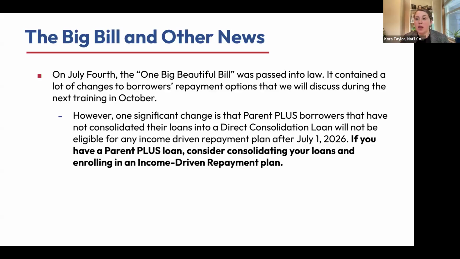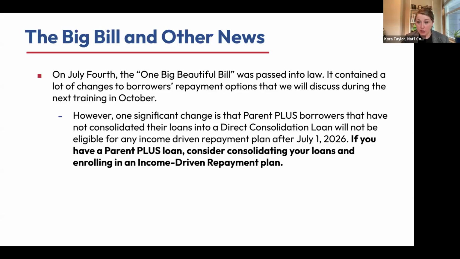But there is one really important deadline that I want to make sure that all of you are aware of. Parent Plus borrowers today are not eligible for an income-driven repayment plan unless they consolidate their loan into a direct consolidation loan. Once they have a direct consolidation loan today, they're eligible for income contingent repayment.